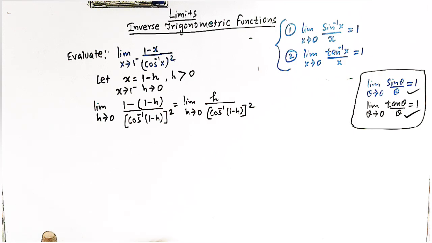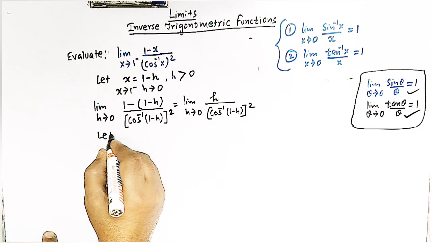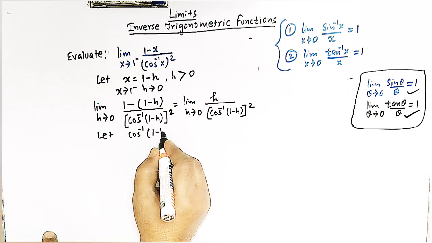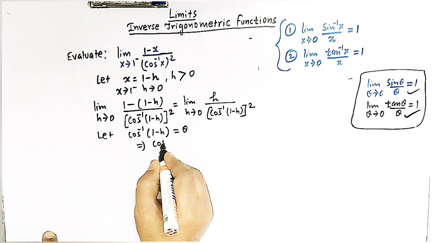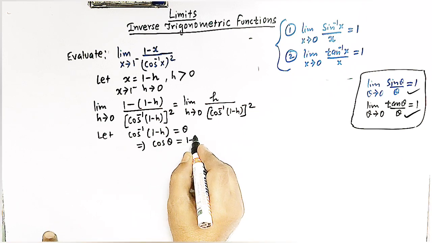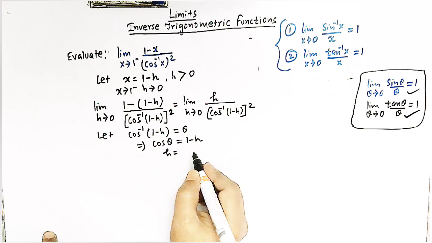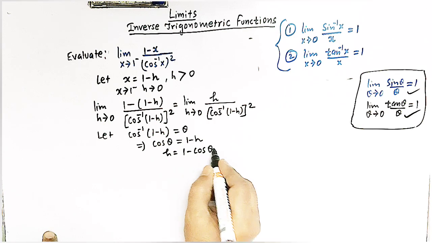So let us now make another substitution here, and let us take cos inverse 1 minus h as theta, so that we have cosine theta is equal to 1 minus h, right? So the value of h can be written as 1 minus cosine theta.